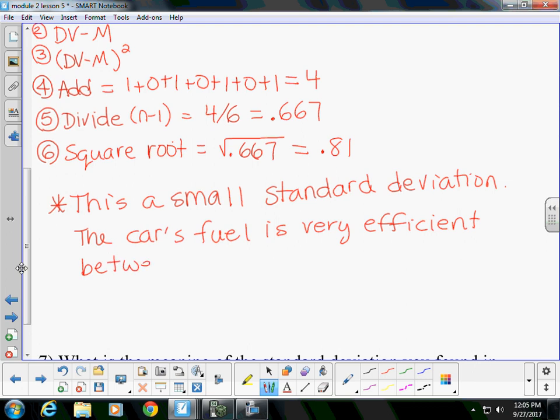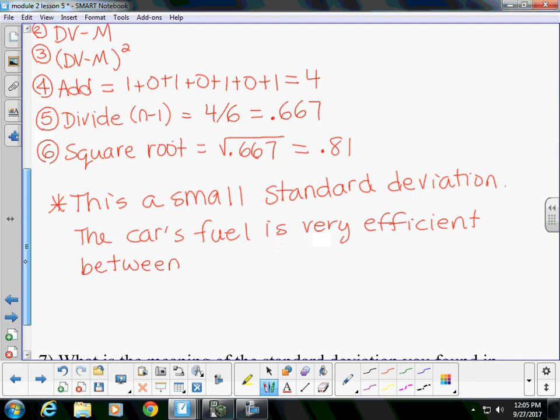If the average, or the mean, was 44, it would be anywhere from approximately 1 less than that, and I'm getting 1 from rounding to the nearest whole number, to 1 higher than the average. So it could be anywhere between 43 to 45 miles per gallon.